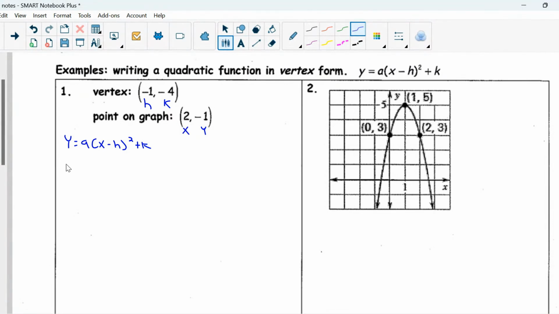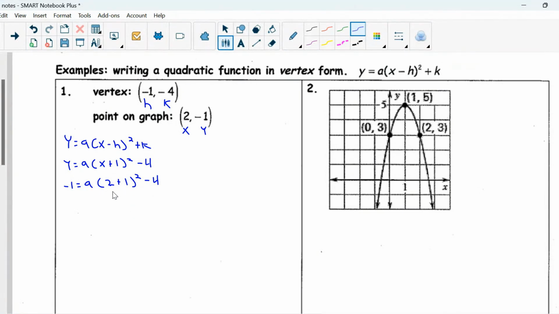That gives us y equals a times x minus h, which would be plus 1, squared, minus 4. And then we can also substitute in our x and y from the point we're given. So we've got negative 1 equals a times 2 plus 1 squared minus 4.